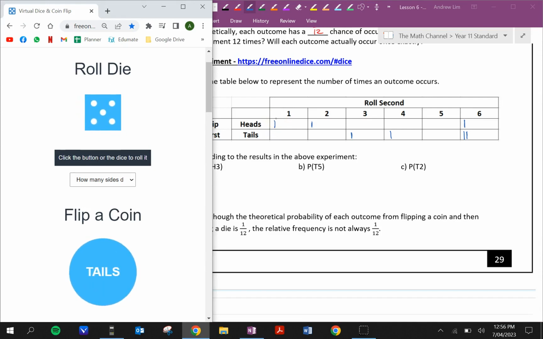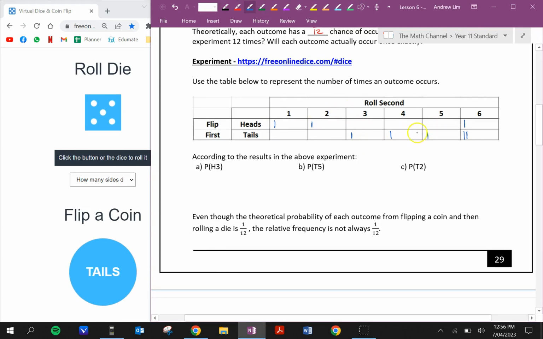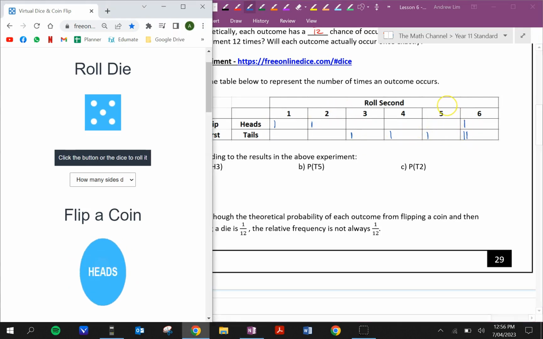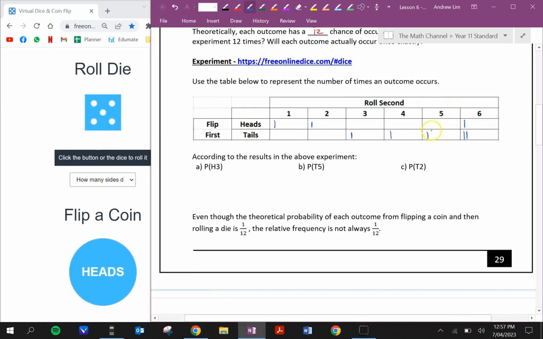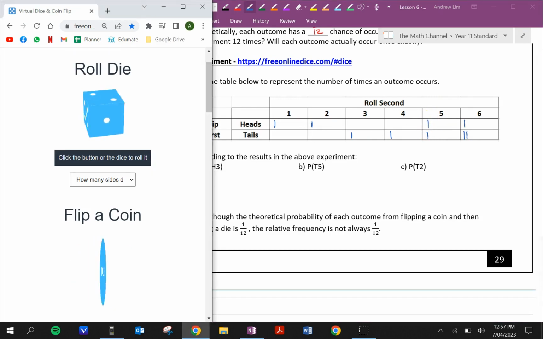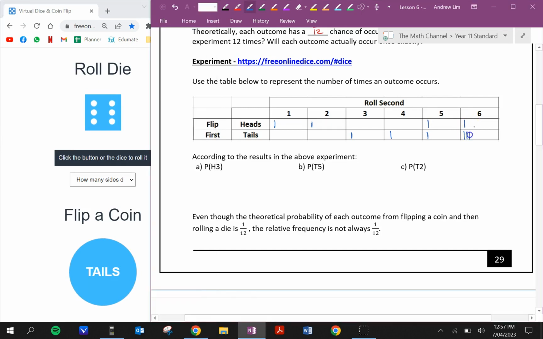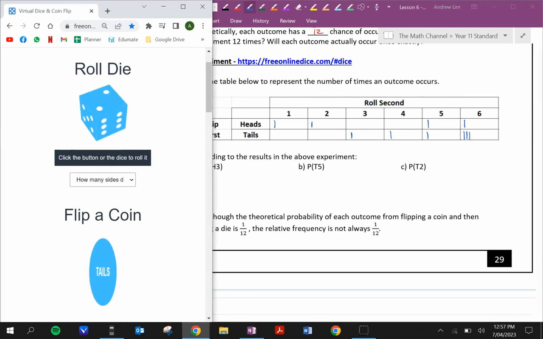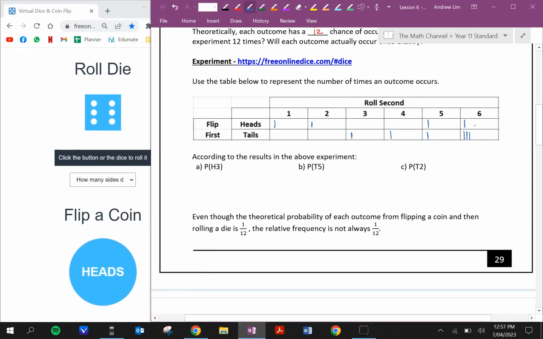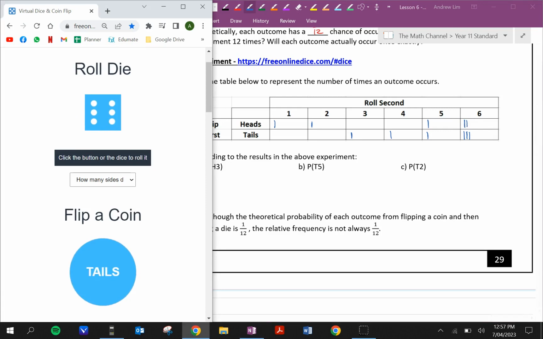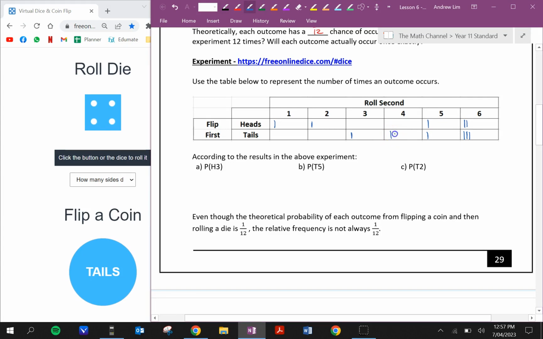Tails 5. So 1, 2, 3, 4, 5, 6, 7, 8, 4 more times. Heads 5. Tails 6. Heads 6. And tails 4. Let's just double check that we've got 12. 1, 2, 3, 4, 5, 6, 7, 8, 9, 10, 11, 12.